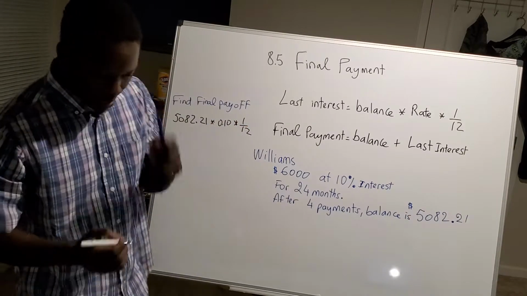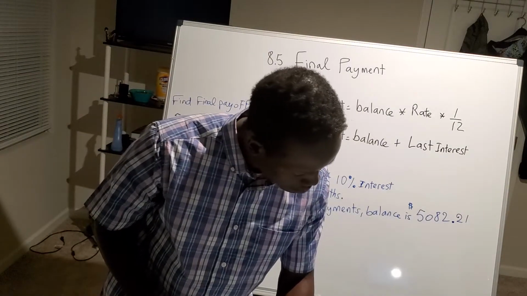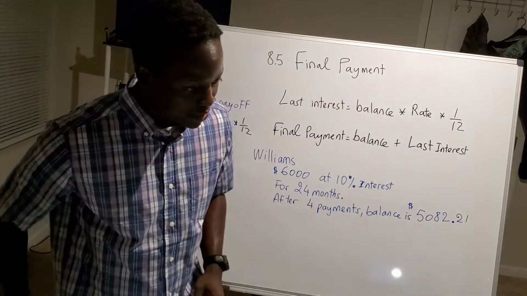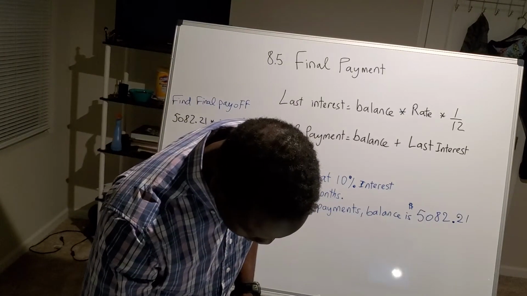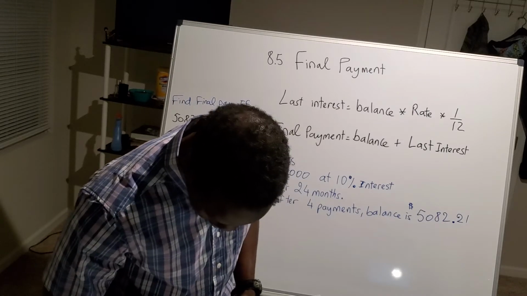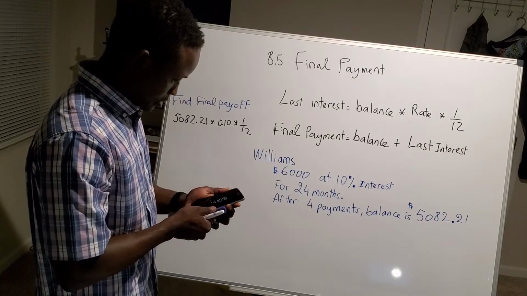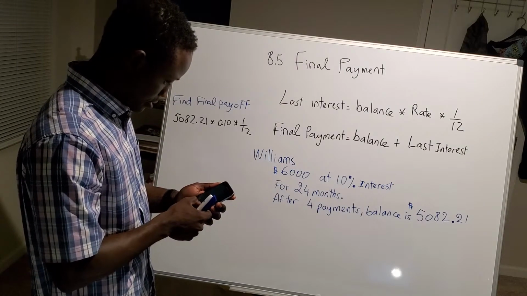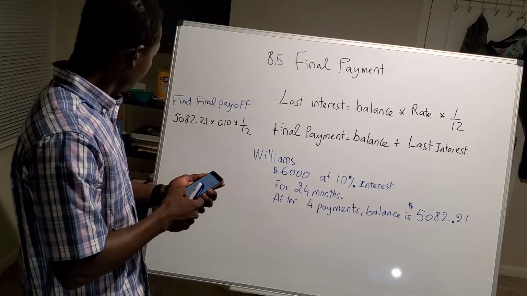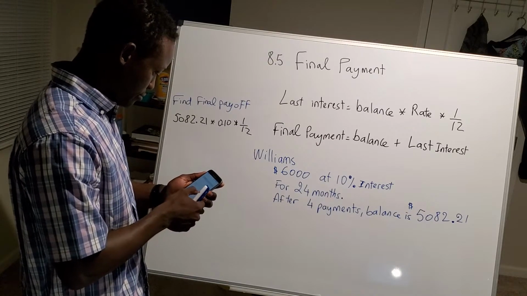Okay, I can use the calculator. 5,082.21 times 0.10 times 1 divided by 12.